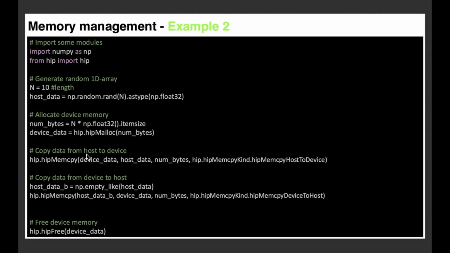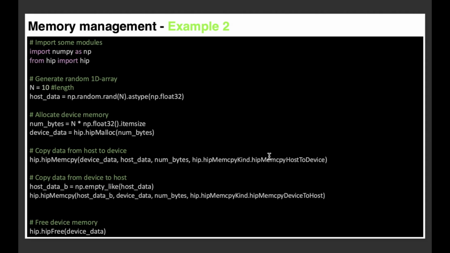Then we pass the device pointer to the memory copy to copy data from the host to the GPU, stored in device data. Then you have the size of the data, and this is the direction. In this case, we want to copy from the host to the device.